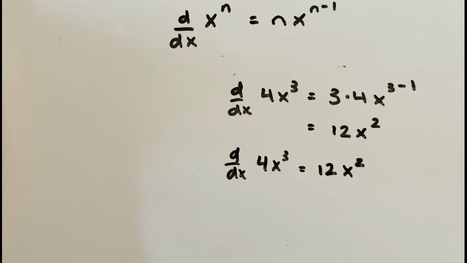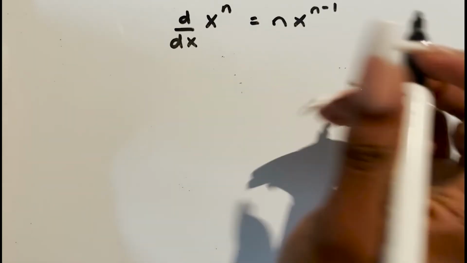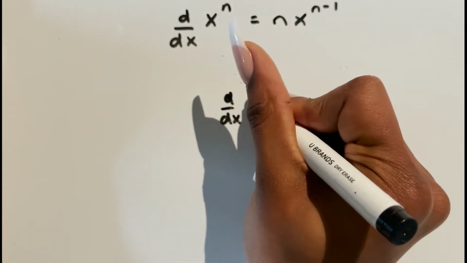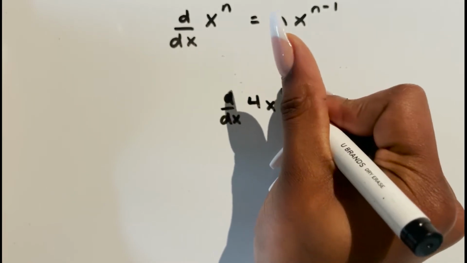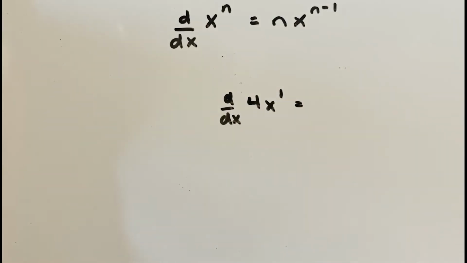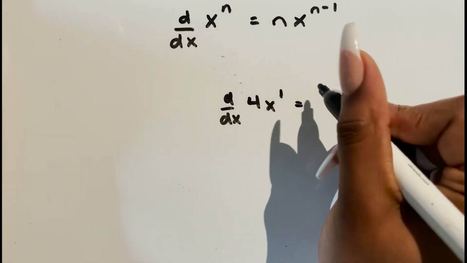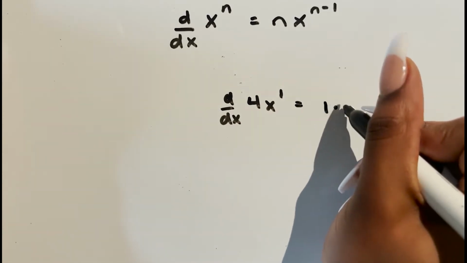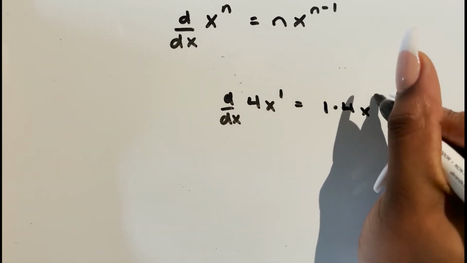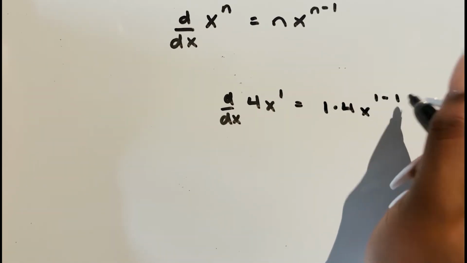Now let's see what happens when n actually equals 1. Let's say we want to find the derivative of 4x raised to 1. As we have in our previous examples, we'll bring the 1 to the front and multiply it times 4x. And then in our exponent, we have 1 minus 1.